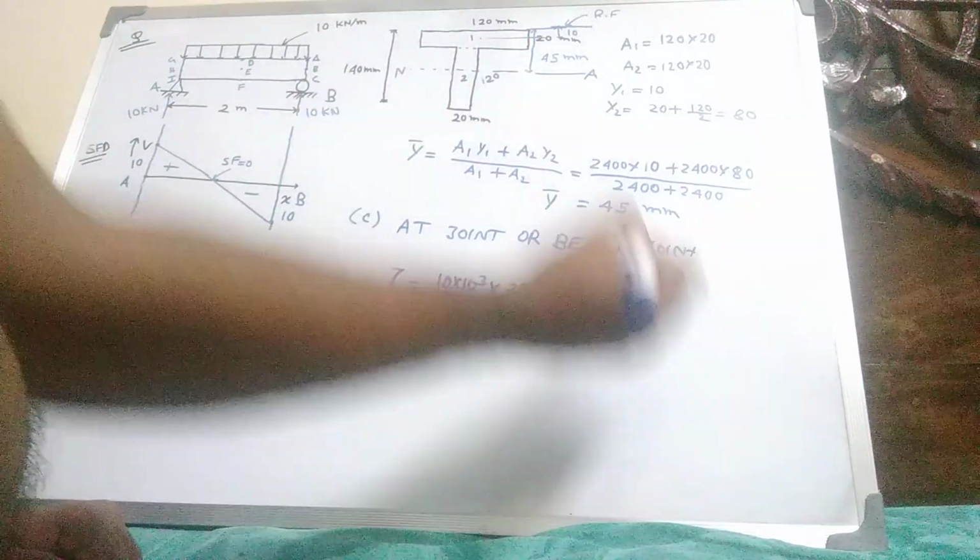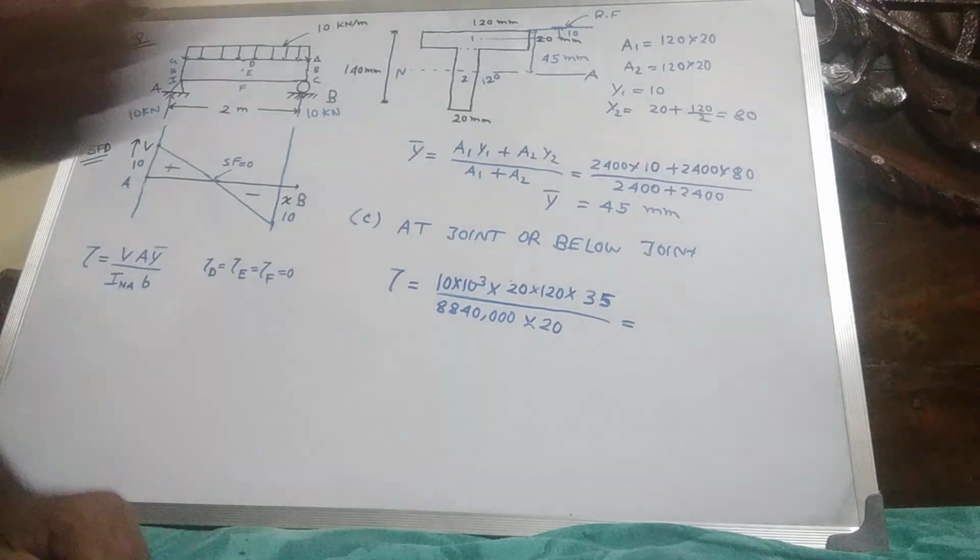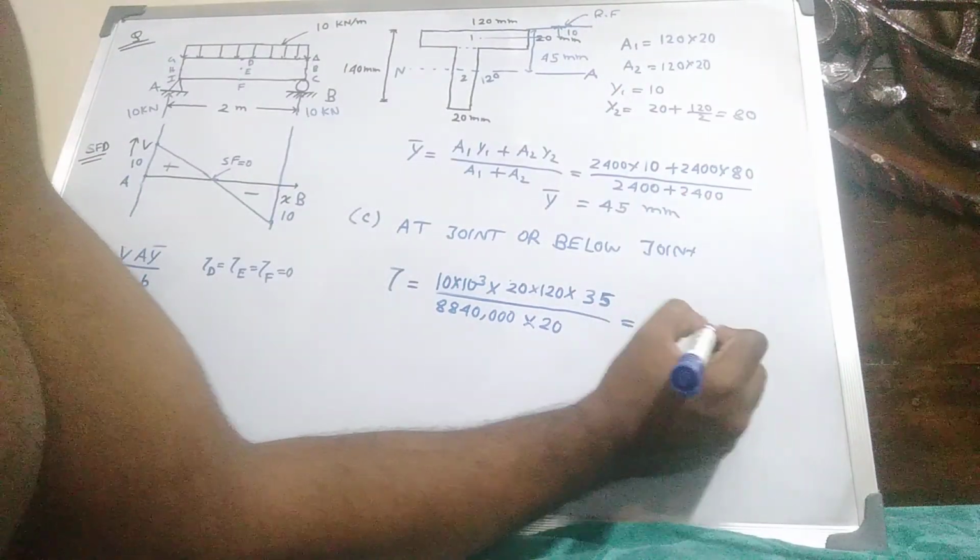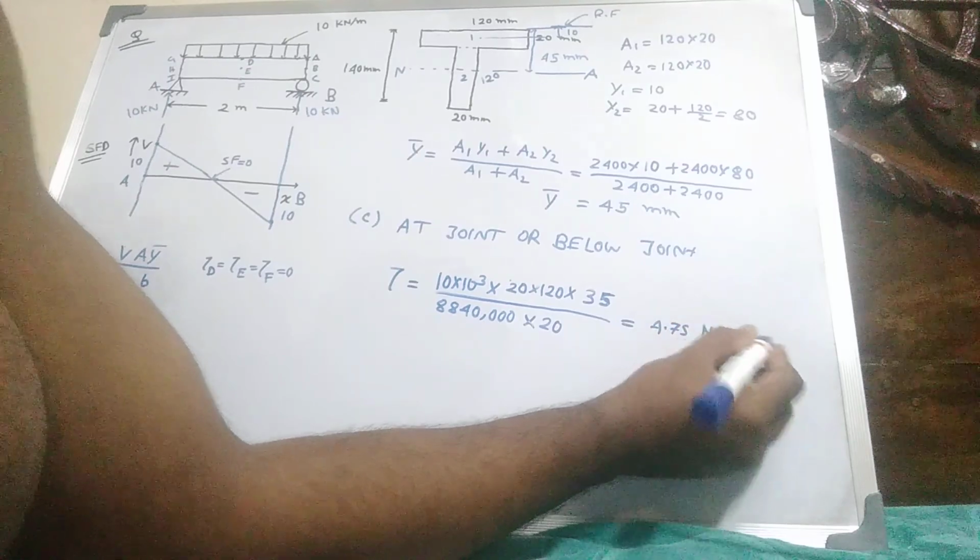So the value is 4.75 Newton per millimeter square.